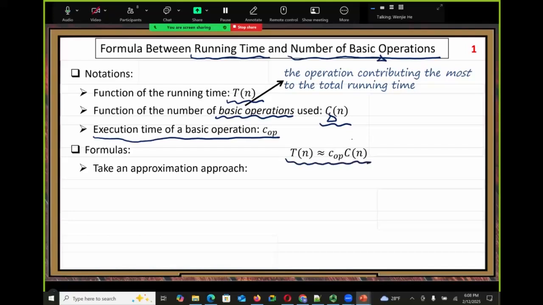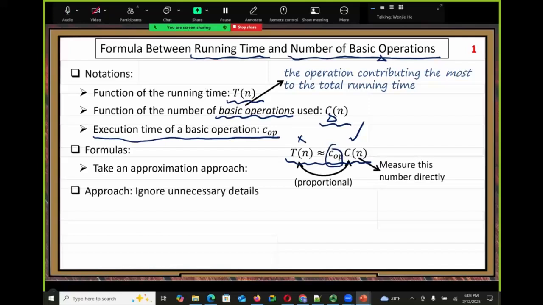We know counting the number is a better measure. The time measure is not a good measure. And their relationship is proportional with some constant.